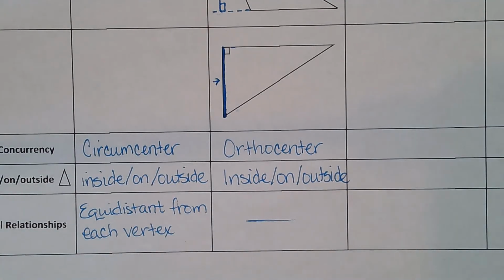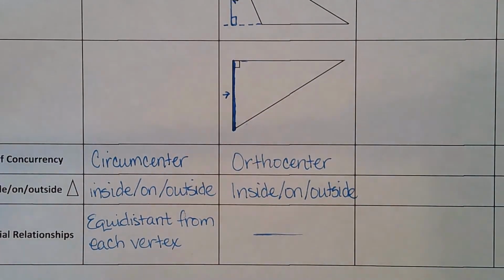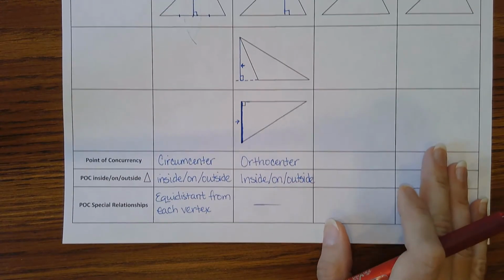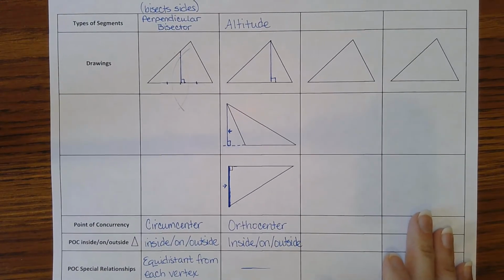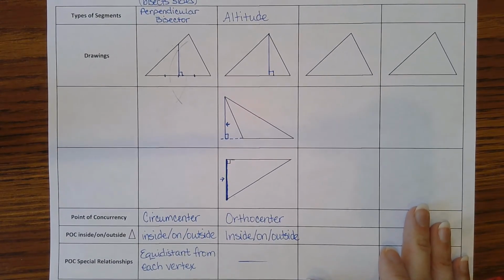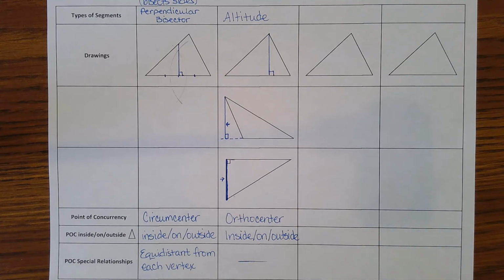Okay, so 5.1, you're going to be seeing problems that have to do with the perpendicular bisector and the altitudes. Okay, again, perpendicular bisectors, you get all three of them in a triangle. Where all three of the perpendicular bisectors meet is called the circumcenter. That point, just that point, can be inside, on, or outside of the triangle, and that point will be the same distance from each vertex.